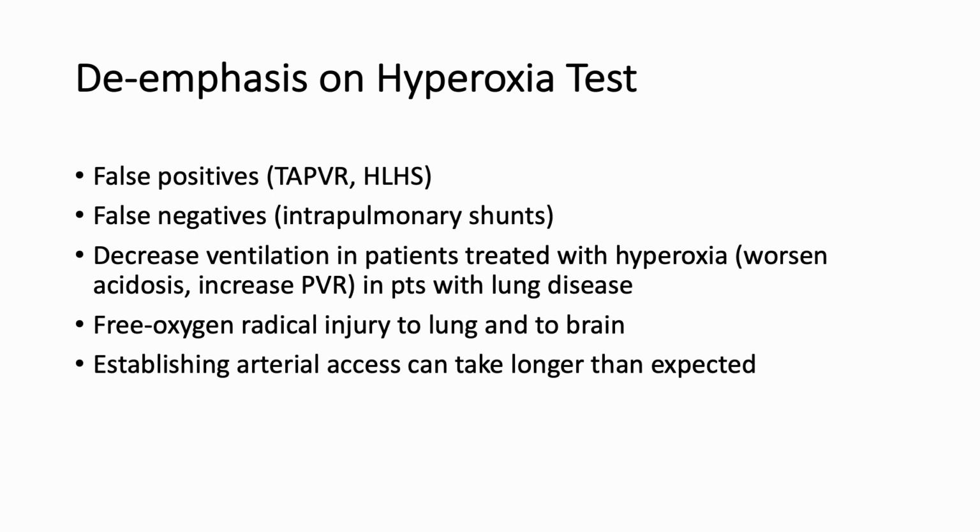There's decreased ventilation in patients treated with hyperoxia, worsening acidosis, and increase in PVR in patients with lung disease. Concern for free oxygen radical injury to the lung and to the brain. And then overall, establishing arterial access, which you need for this test, can take longer than expected.